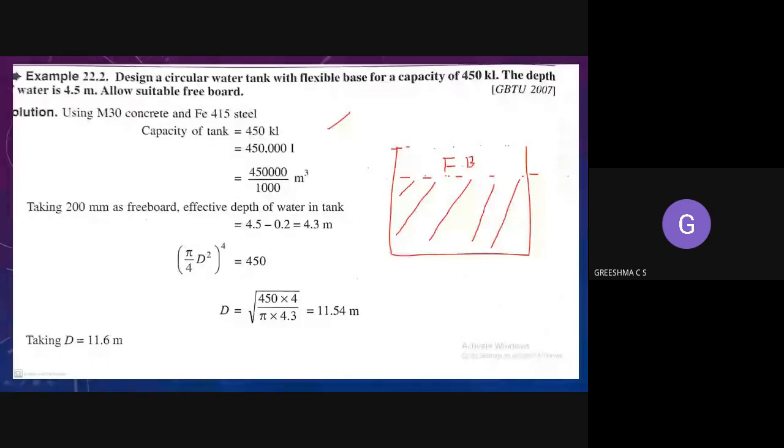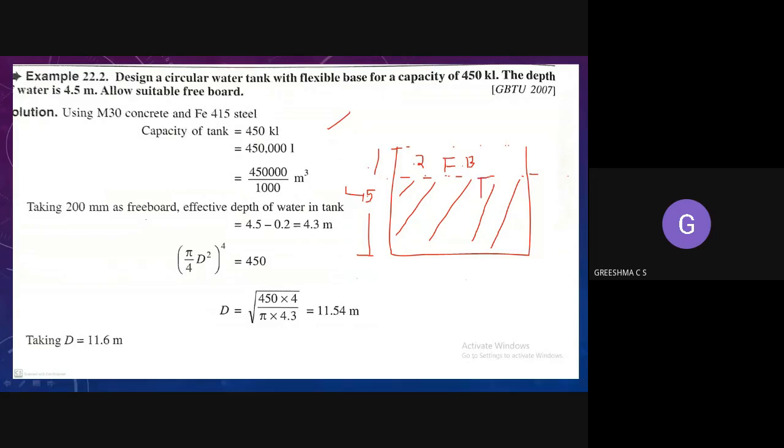Normally you take freeboard as 200 mm. Here the total depth is 4.5 meters. 200 mm means 0.2 meters of freeboard. So this is the effective depth of water.